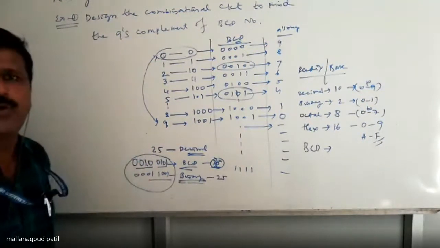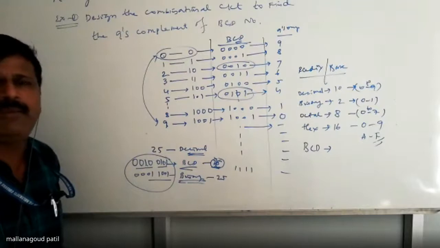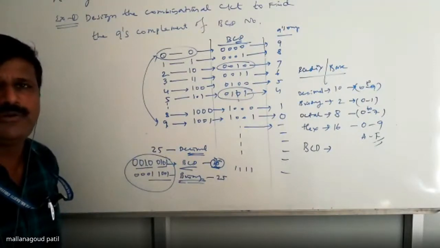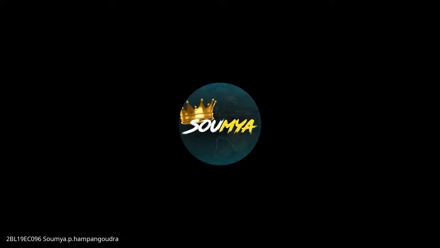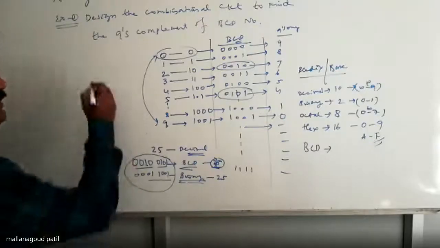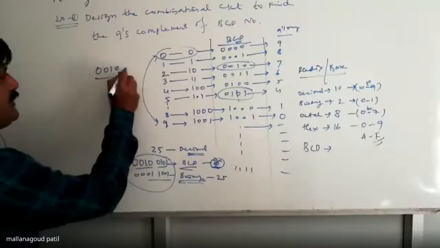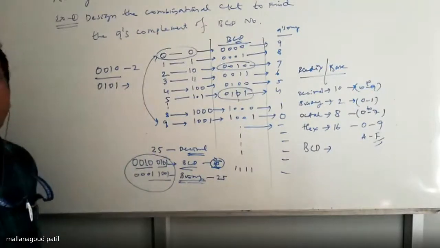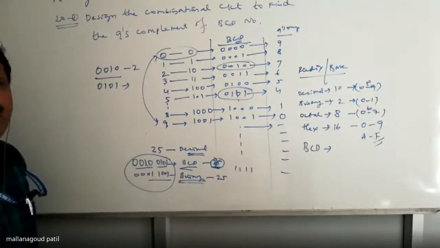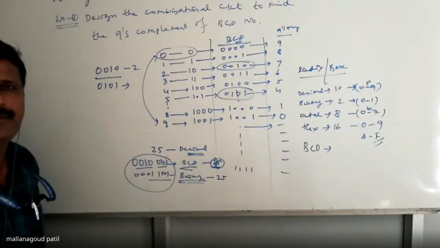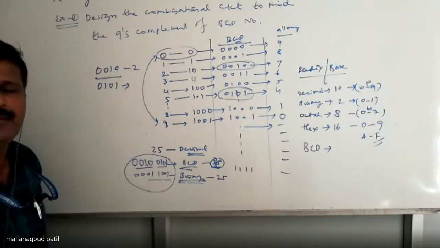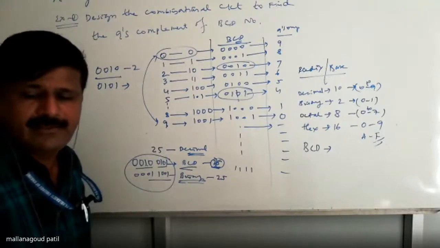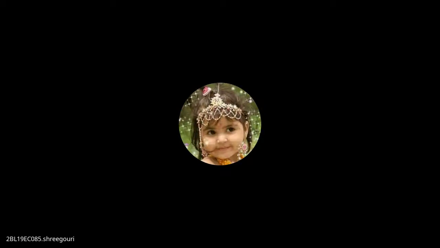What is the equivalent decimal value of 0, 0, 1, 0? 2. What is the value of 5? The representation of 5 will be 0, 1, 0, 1. What is the equivalent value of 0, 1, 0, 1? 5.